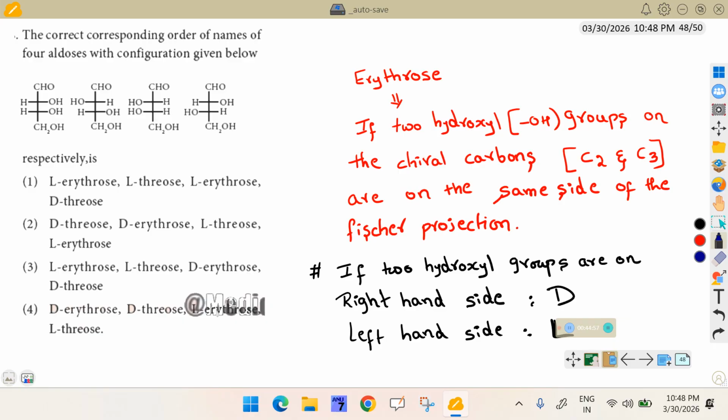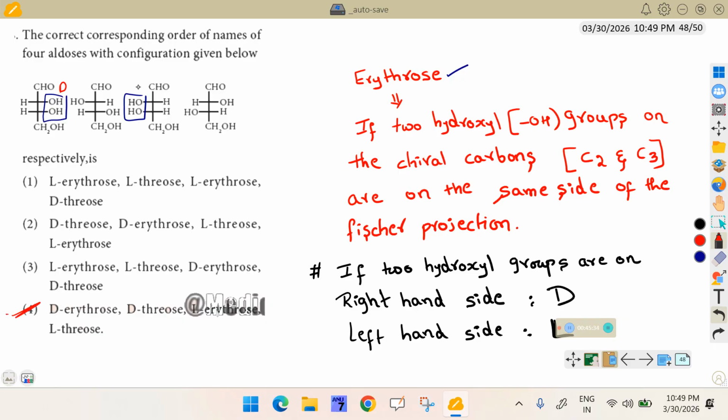Erythrose: if two OH groups on the chiral carbons are on the same side, that is considered erythrose. If the two hydroxyl groups are on the right side, that is D-erythrose. It starts with D-erythrose, only one option.